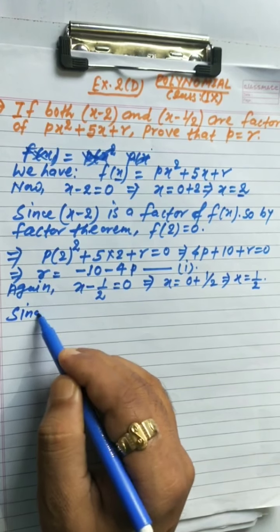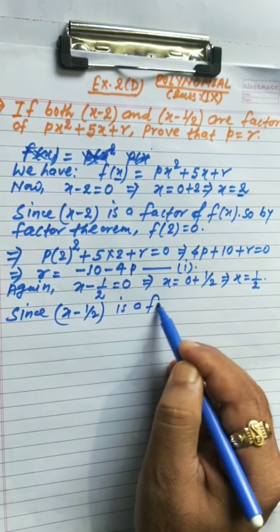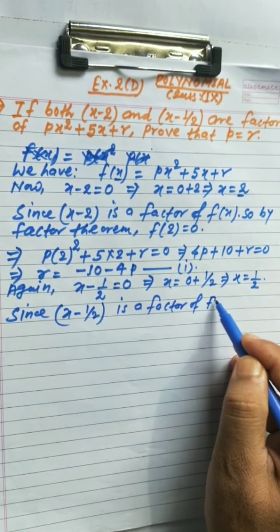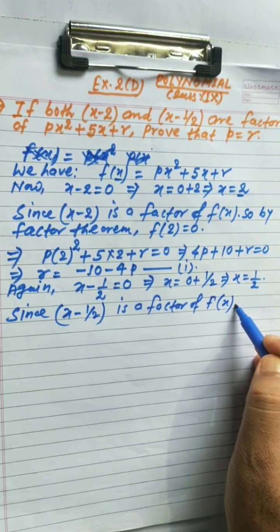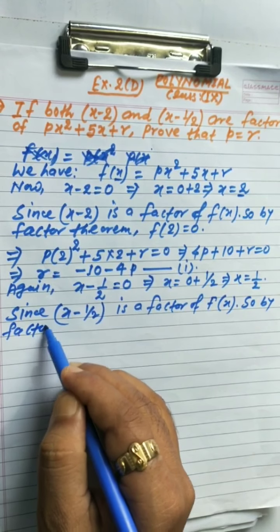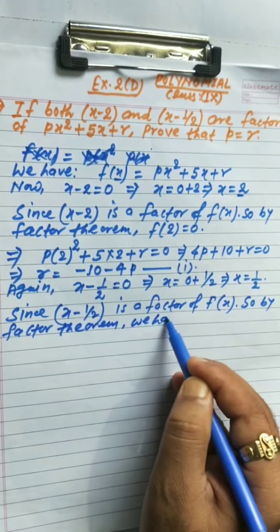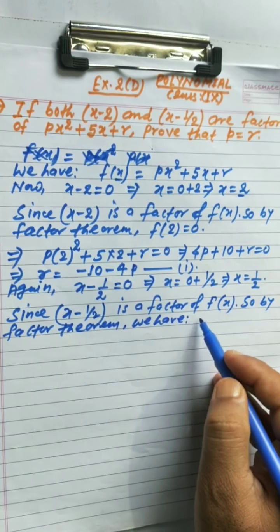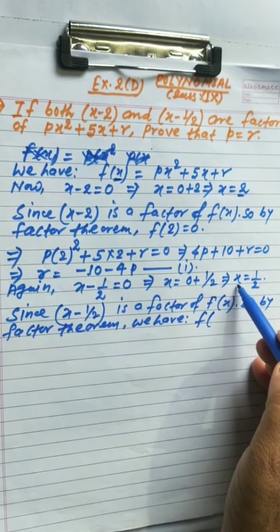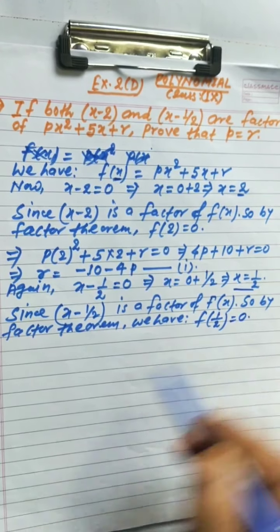Now again, since x minus 1 by 2 is a factor of f of x, so by factor theorem we have f of, replace this x by the value of x, which is 1 by 2, will be equal to 0.